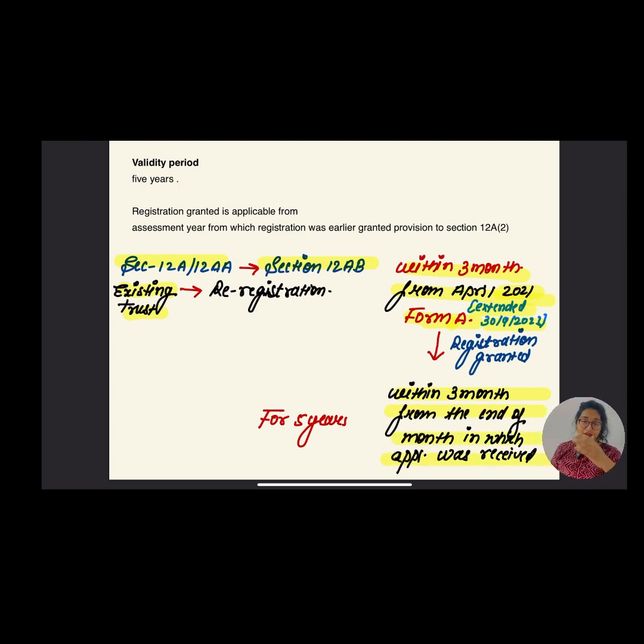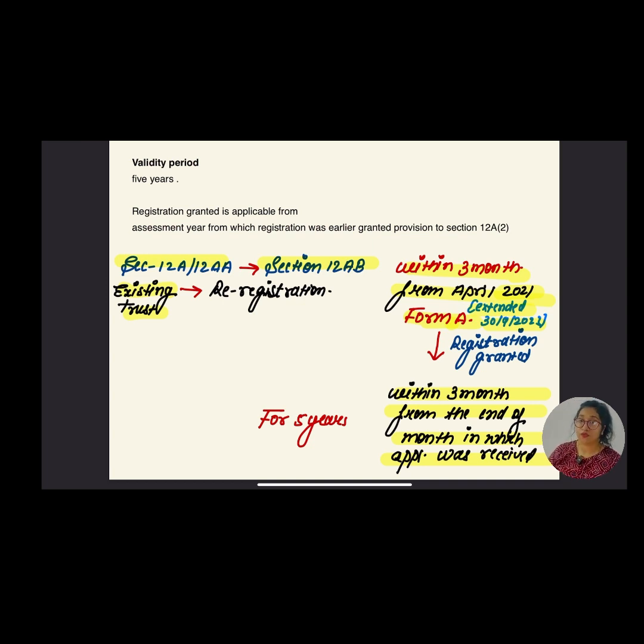So let me clarify it again, okay. What if the trust is already registered in section 12A and 12AA, which means the existing trust, they have to get their re-registration in 12AB, okay. So within how much time limit? Within 3 months from April 1st 2021, extended up to 30 September 2023, okay.